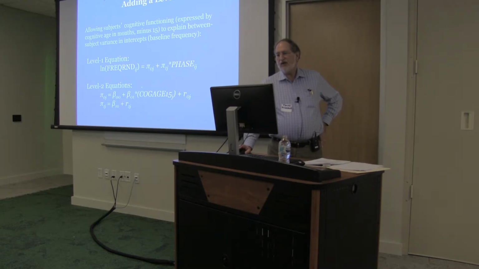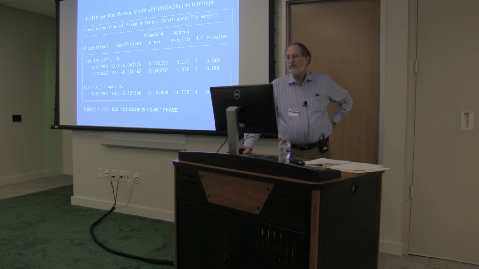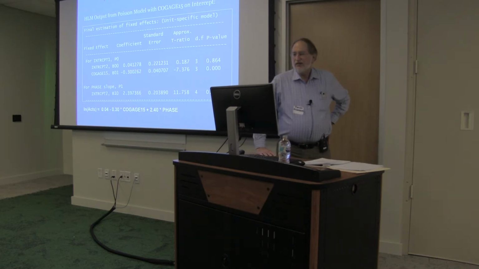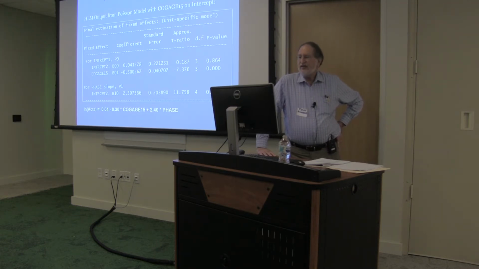And what I did here was I added cognitive age as a predictor of variation in where they started, the intercept of the previous equation, which was their baseline behavior. Not that that's of any interest in terms of the effect, but just to demonstrate how this works. And you can see that cognitive age, which was measured as anywhere between 14, I think, and 22, had a significant effect on where they started.